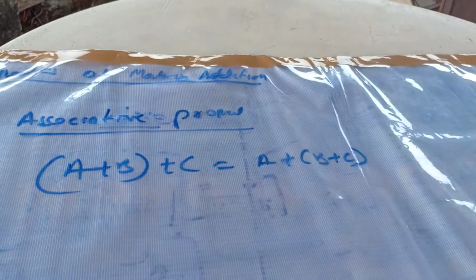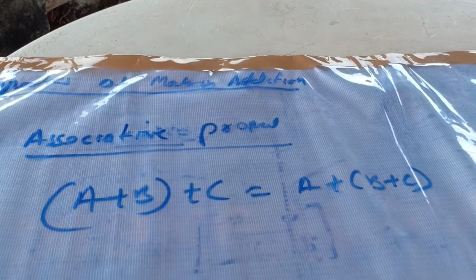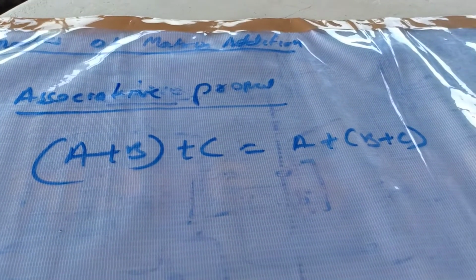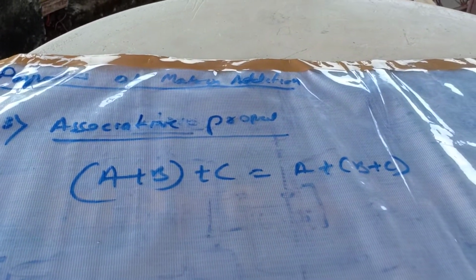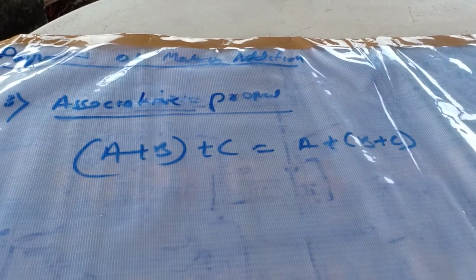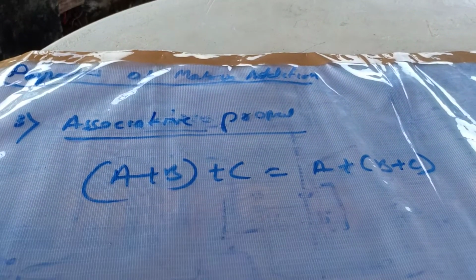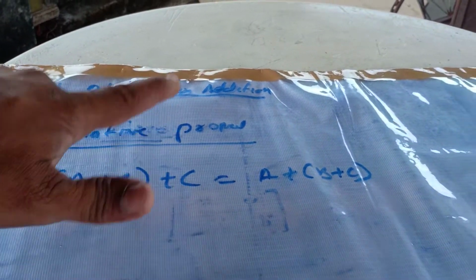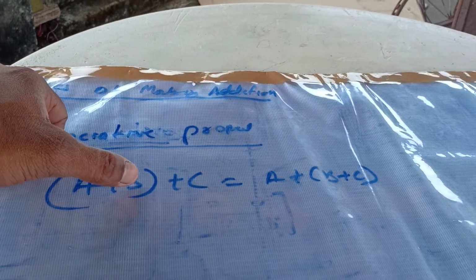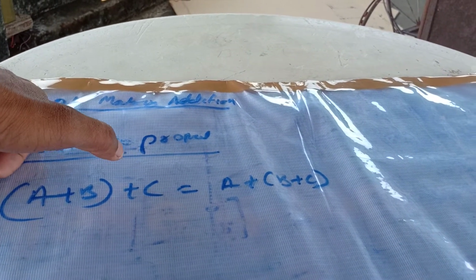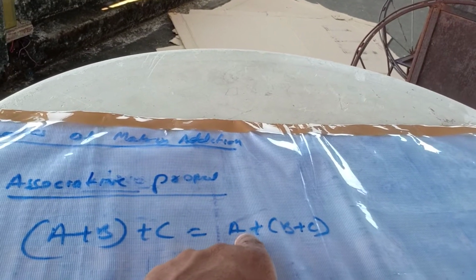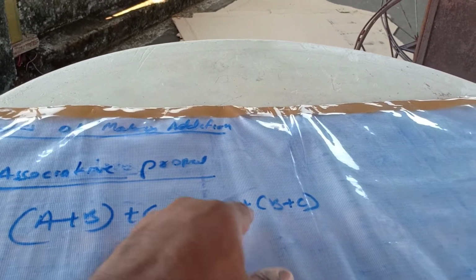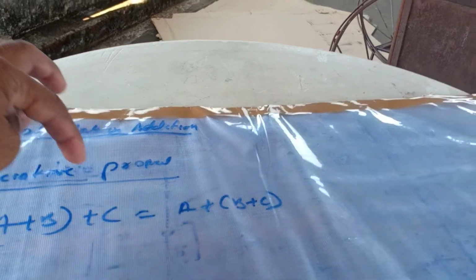You can try, and if you are not able to prove it, then we can discuss. As per the condition, all three have the same order, so you can do the operation. First you find A plus B, then add the result to C. Or first add B plus C, then add that result to A, and you will get the same answer. Or add A and C, then add the result to B, and the answer will be the same.